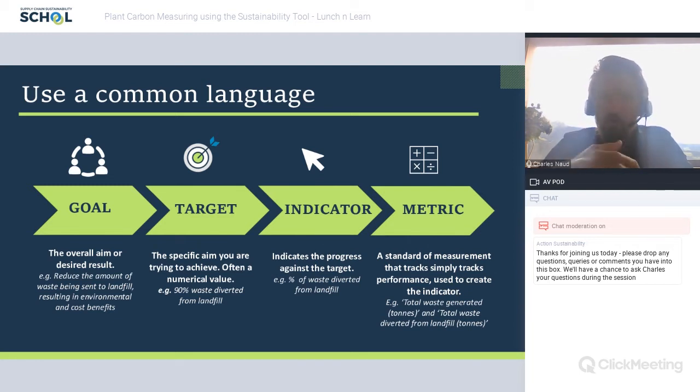We could then break down that further. What is total waste generated? Break it down further for those who are reporting into different types of waste streams, etc., and that can help us for further analysis. But the key thing here is that there's a definition at each step of these that really defines what your goals are, what your targets are, what your indicators are, and what your metrics are.